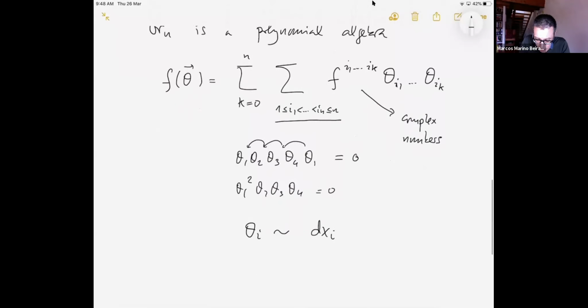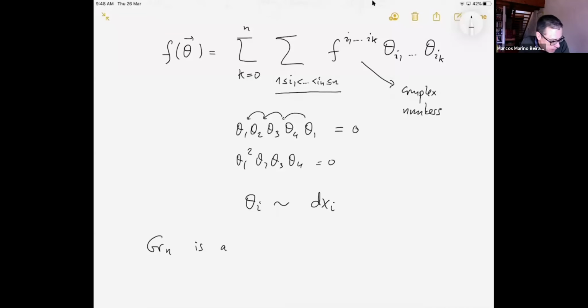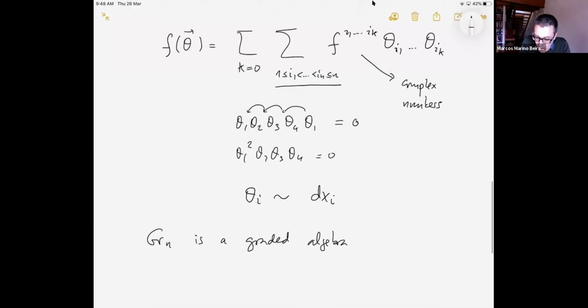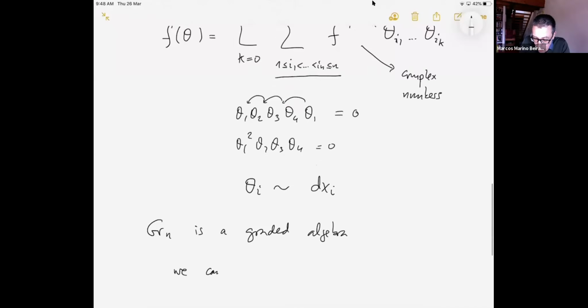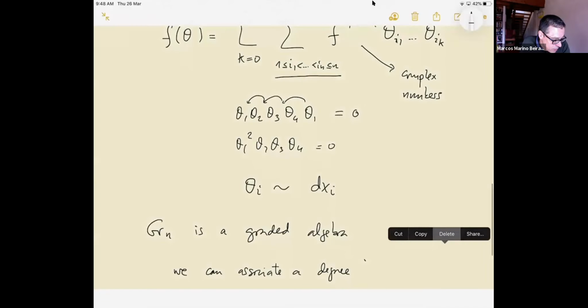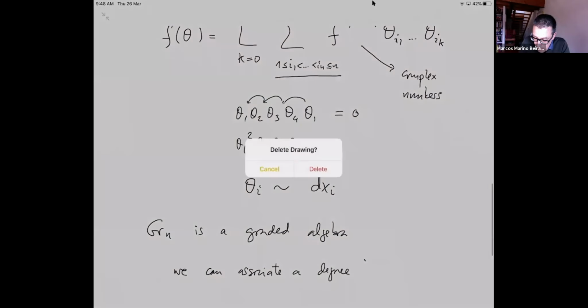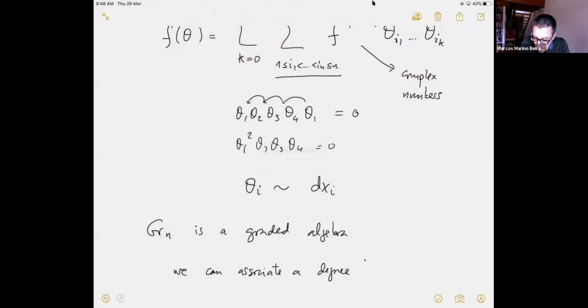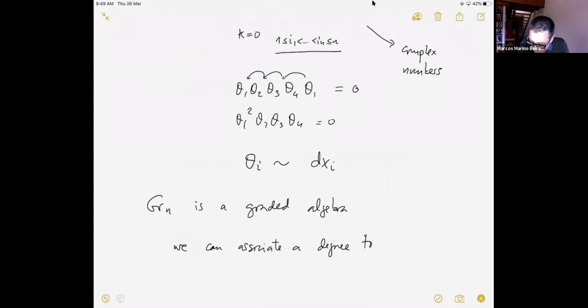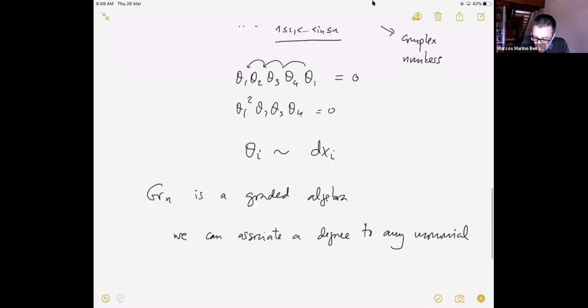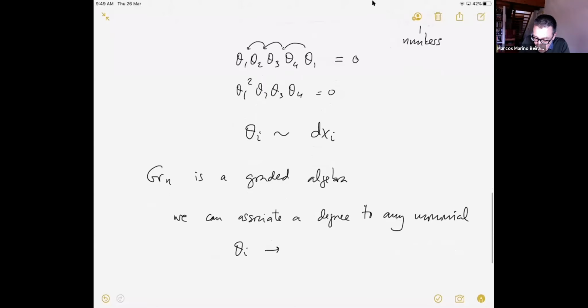The first comment is that GR_n is a graded algebra, because we can associate a degree to each monomial in the thetas. Essentially, theta 1 has degree 1.